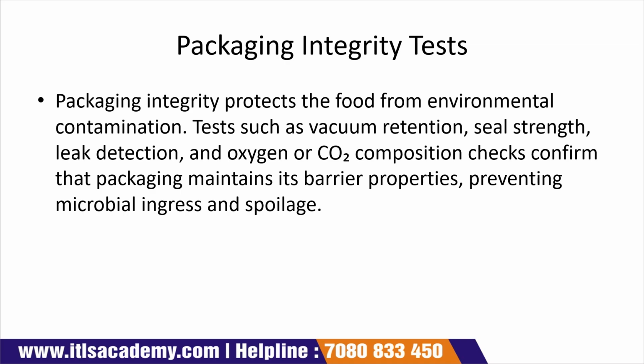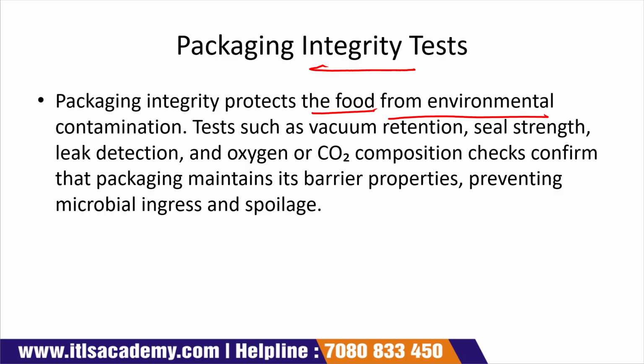The next is packaging integrity tests. Packaging integrity is used to protect the food from environmental contamination. Suppose we keep our food in the open, then lots of microorganisms, dirt, and dust will contaminate the food product. So we have to pack the food product in proper packaging so that it avoids environmental contamination.